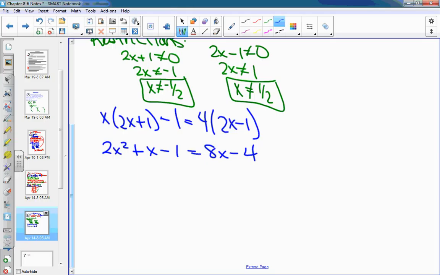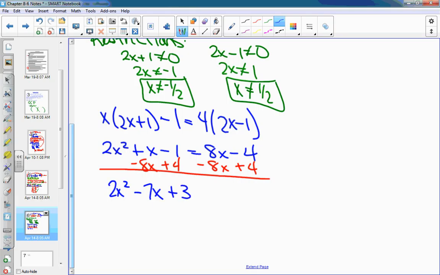Bring everything over to the left-hand side, because the left-hand side has the 2x squared, and I like to keep my x squared term positive. So I'm going to subtract 8x and add 4 to both sides. This gives me 2x squared minus 7x plus 3 is equal to 0.